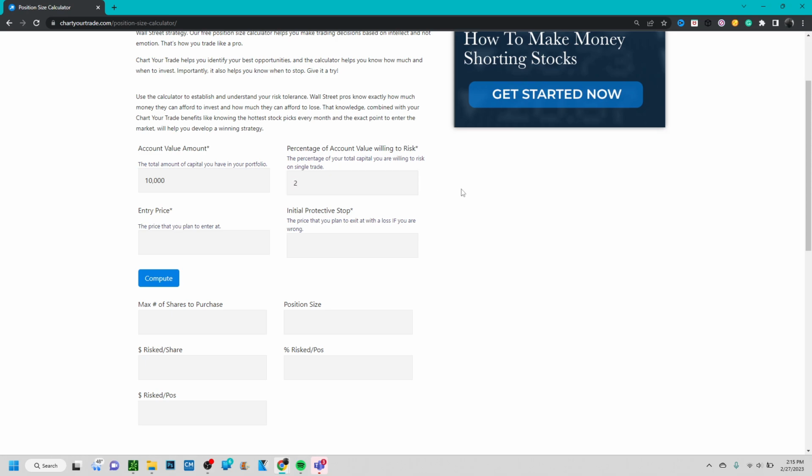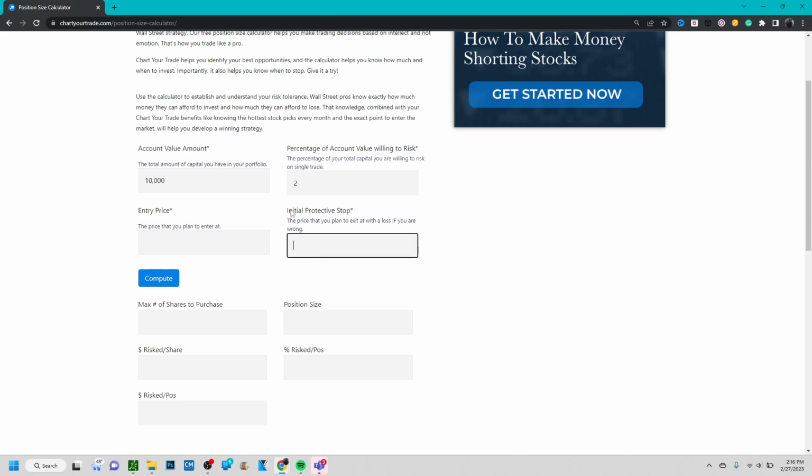On average, most people risk 2% of their account at a time. So with this $10,000, you're willing to risk $200. So 2% is going to be your total risk for this given trade.